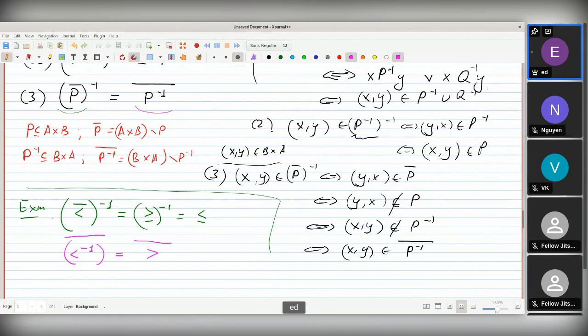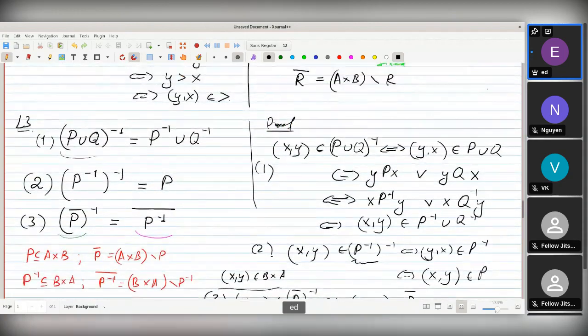And what is the complement of greater than? If x is not greater than y, then x is less or equal. And evidently, they are identical. Is this idea clear? Yes.